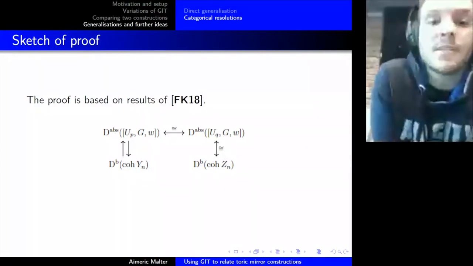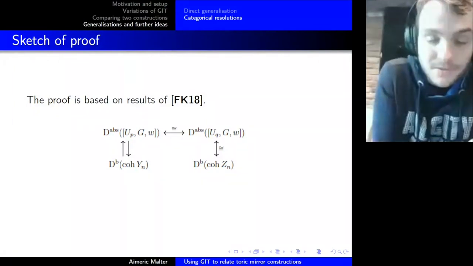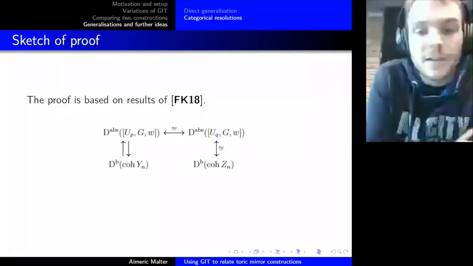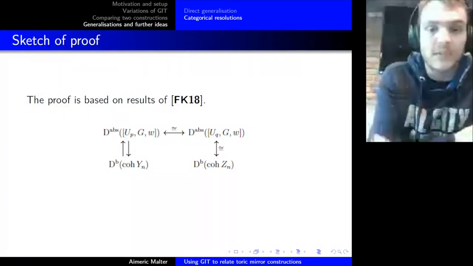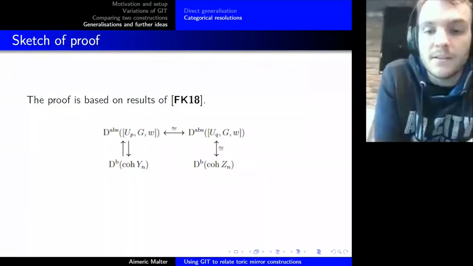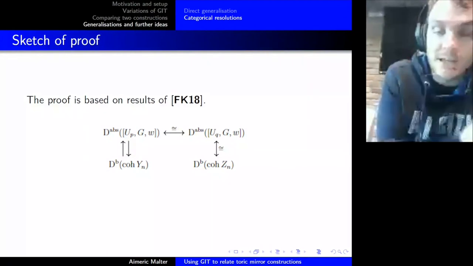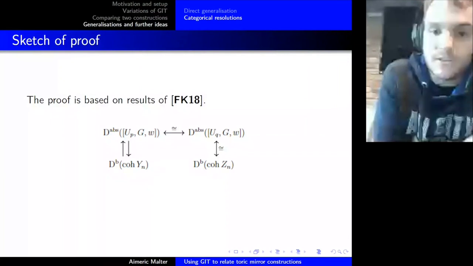So the proof is based on results of Favero and Kelly, and I, for the life of me, could not get it to compile, so I had to include a picture of the diagram I made in another document. What you do is you take your derived category of the complete intersection. This Zn is the Batyrev-Borisov one, Yn is the one from the Libgober-Teitelbaum style mirrors, and you construct a pair of functors to something called the absolute derived category of the Landau-Ginzburg model.